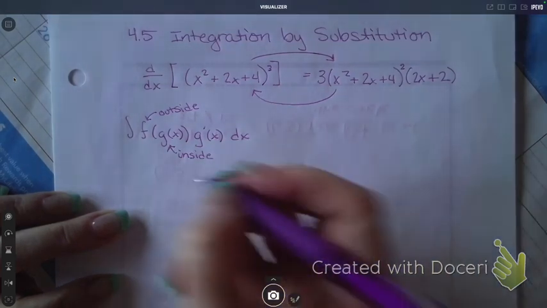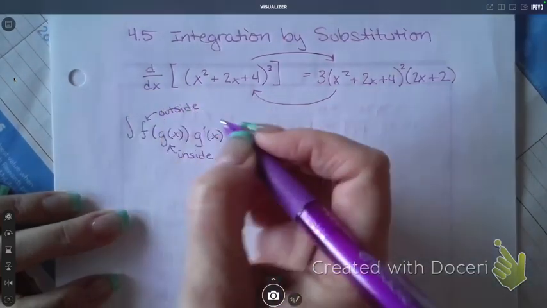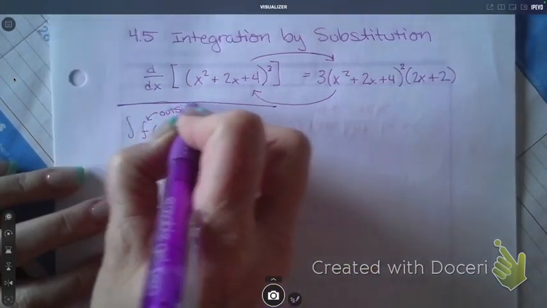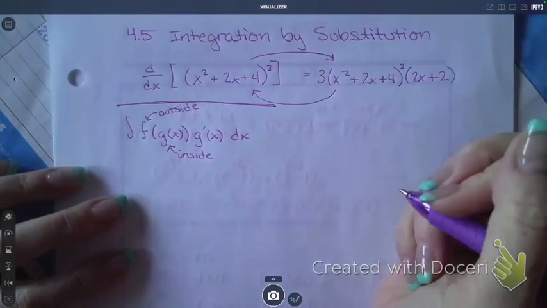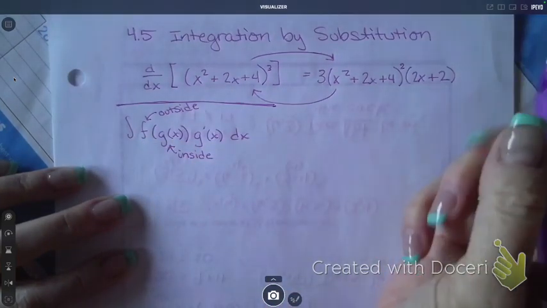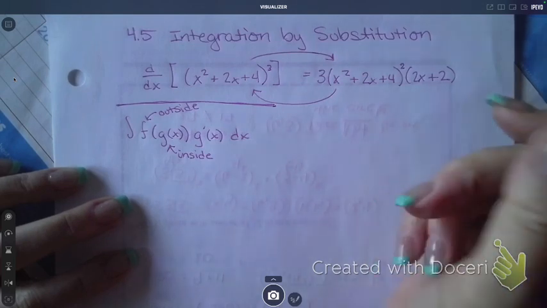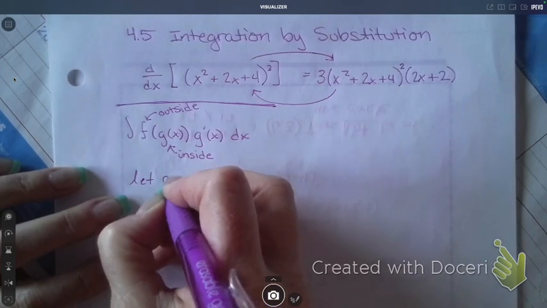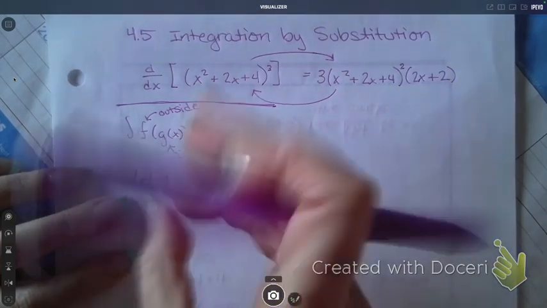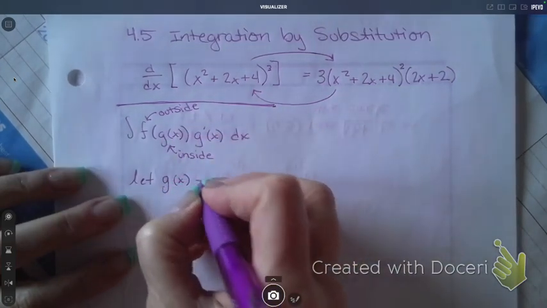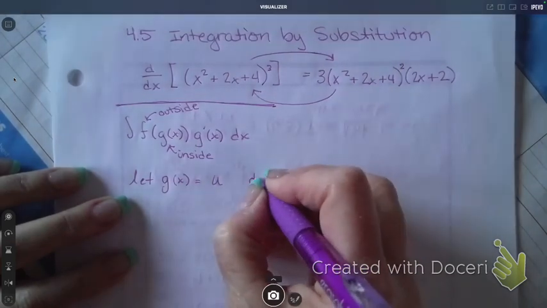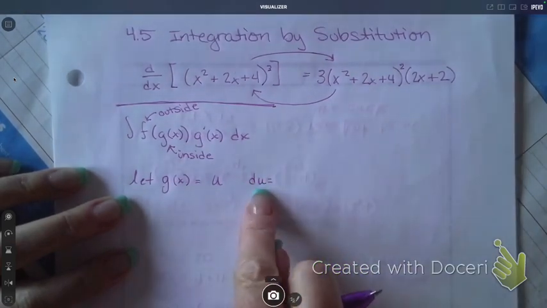This is anti-differentiation of composite functions. It's a big thing. We're going to let g of x equal u. So du means derivative of u.